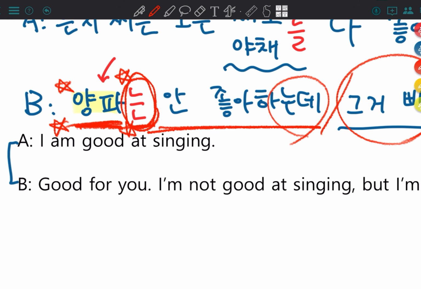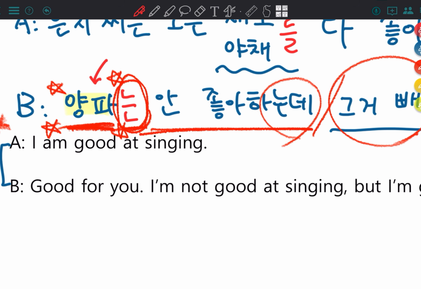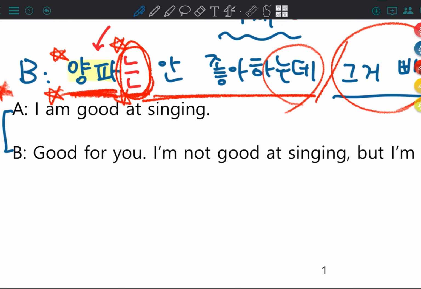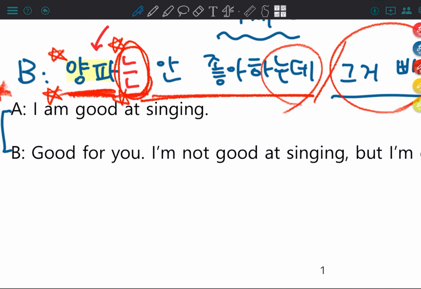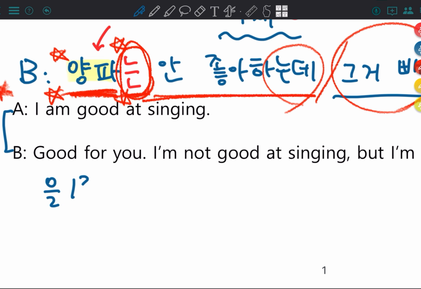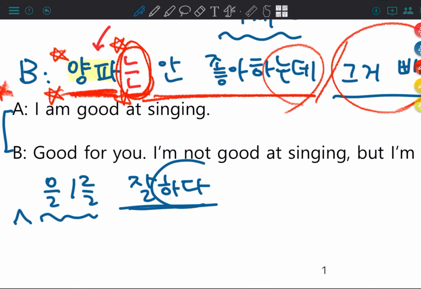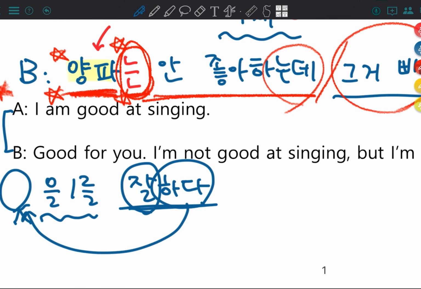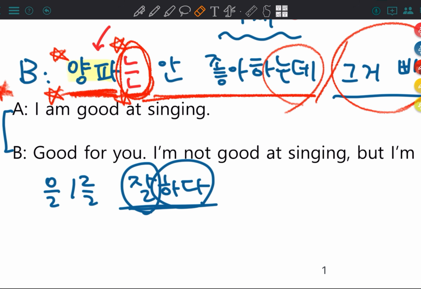And let's look at the second, one last dialogue. I'm good at singing. So we learned that when we say to be good at something, we use something을 잘하다. So we consider what we're good at an object because 잘하다 literally means to do something well. And when you're doing something, that something is something that's done, so it's an object, right?